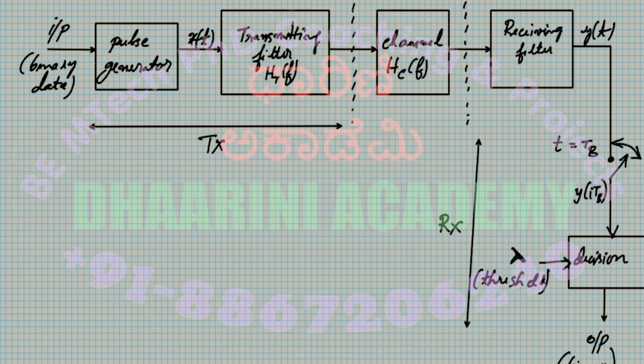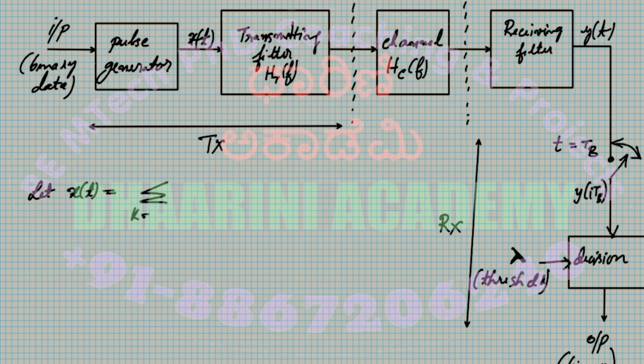We are going to start the concept of what is called ISI with the help of this equation of x of t. So it's going to be the mathematical analysis completely. So let x of t be represented in the following format. We already know this.